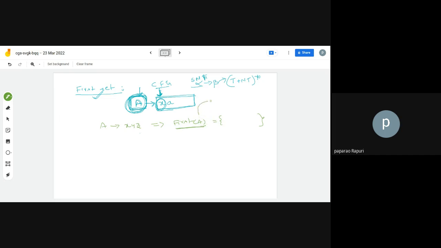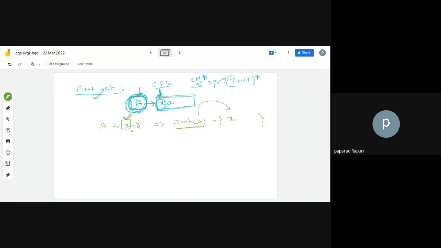What terminals do we need to include here? The first position terminal on the right hand side. Here the first position terminal is small x, so we need to include that one.